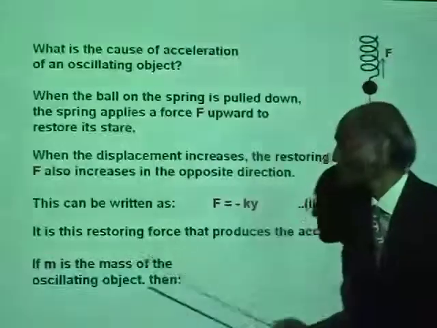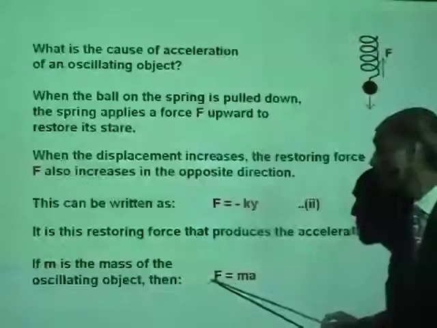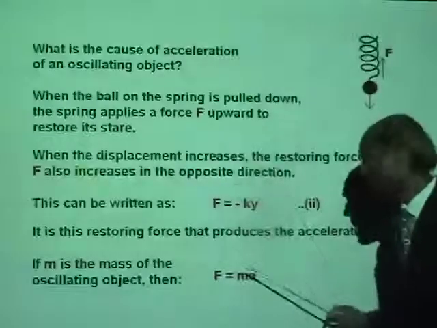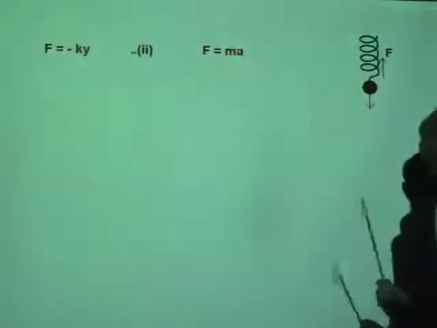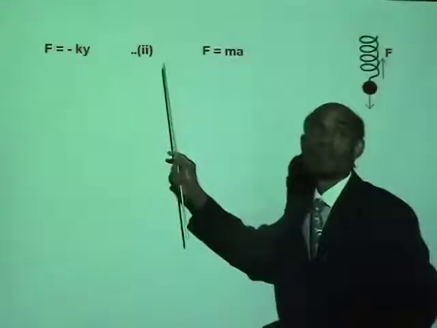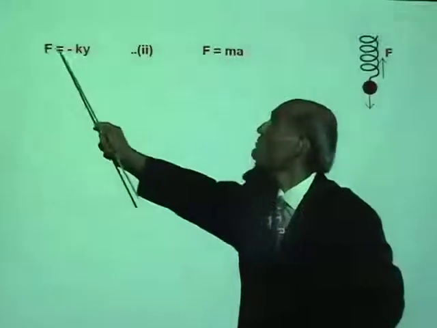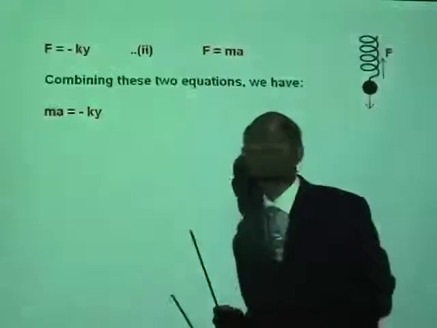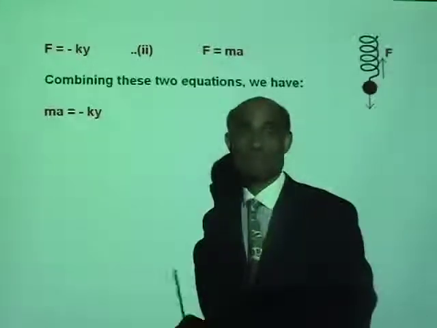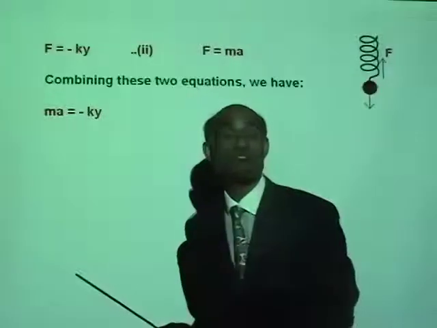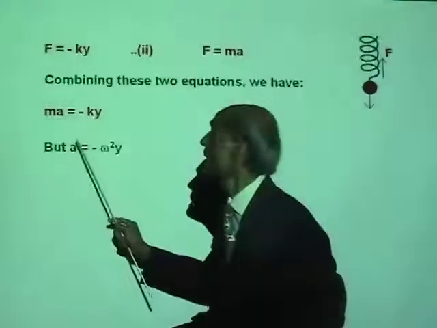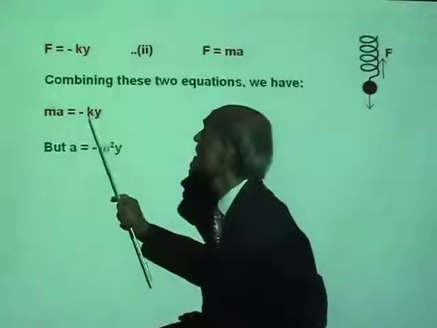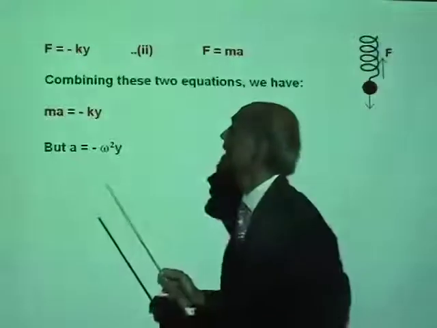So I can replace this F by ma, and the equation becomes ma equal to negative ky. Alright, can you solve the equation for a? Solving for a, you have a equal to negative k over m times y.